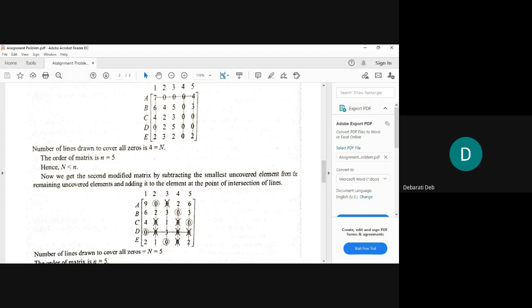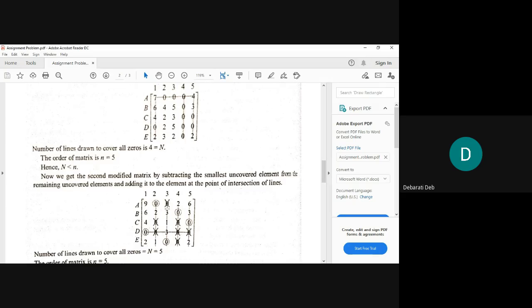Now, from the uncovered elements of the second and third columns, we will have to deduct 2, because 2 is the minimum uncovered element.